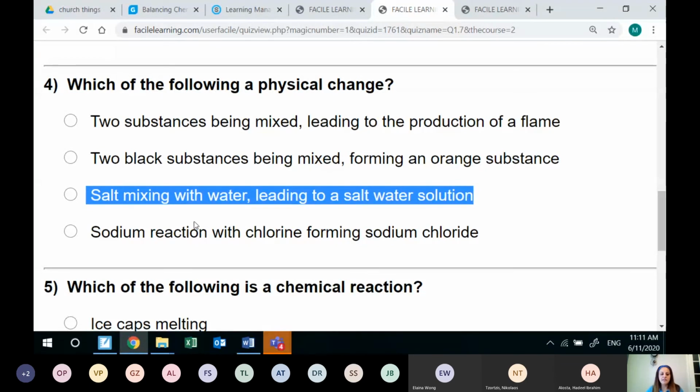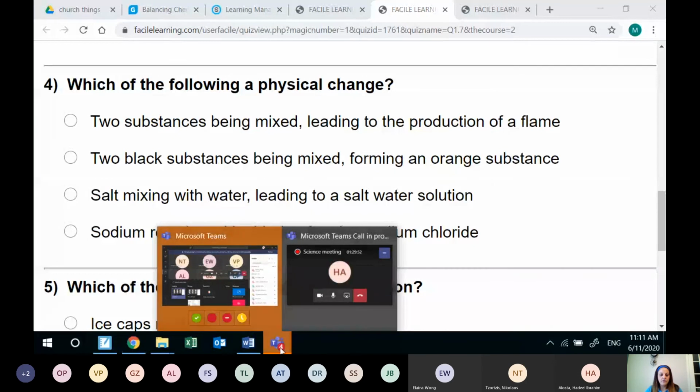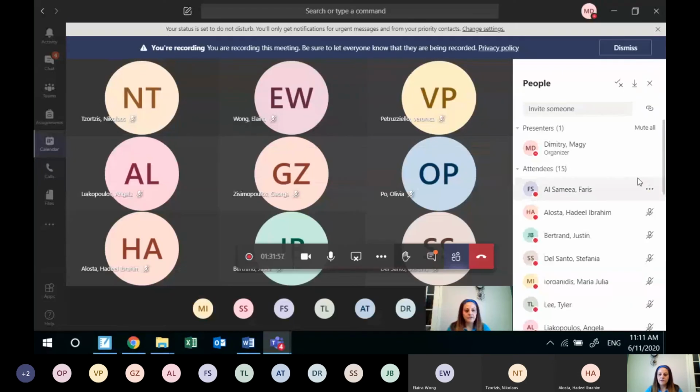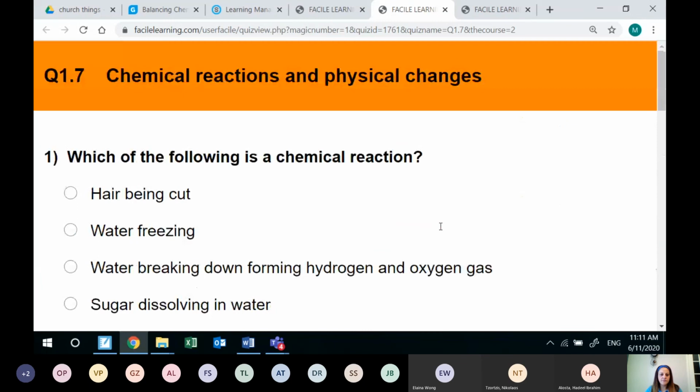Nothing special. It's still salt in the end. All the others, you're producing flame, or a change of color with the orange substance. And here you're completely creating something brand new that wasn't there before. Okay. Next is, this was for lesson 7.